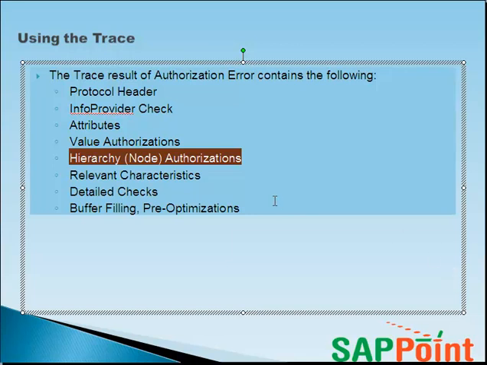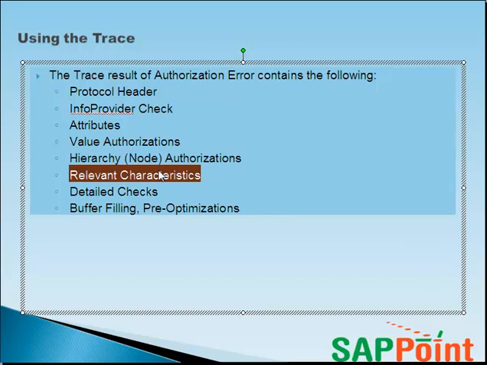The relevant characteristics block is a section which is quite basic and helpful for analyzing authorization issues. In this section, the list of characteristics that are actually relevant for the authorization checks is determined.